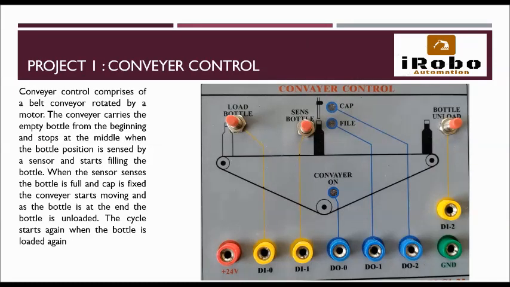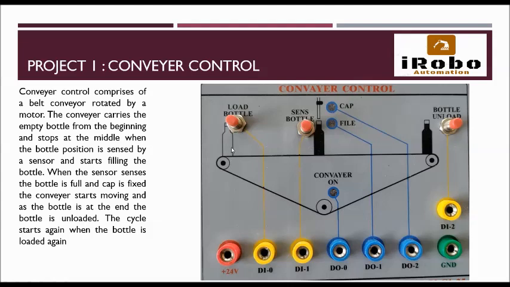Here there is an empty bottle loaded at the start of the conveyor belt, and to run the conveyor belt there is a motor. These are the idle rollers, so this is not the motor. There is one motor. If the motor is on, the conveyor belt is on. The conveyor belt is used to transfer the bottle from the start point to the end point. Okay, an empty bottle is loaded here.